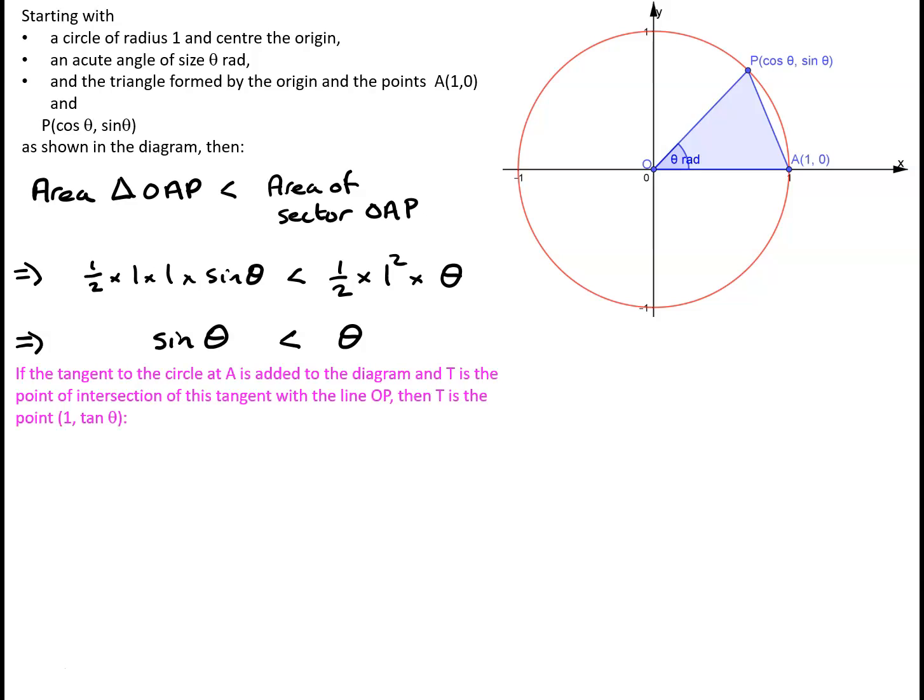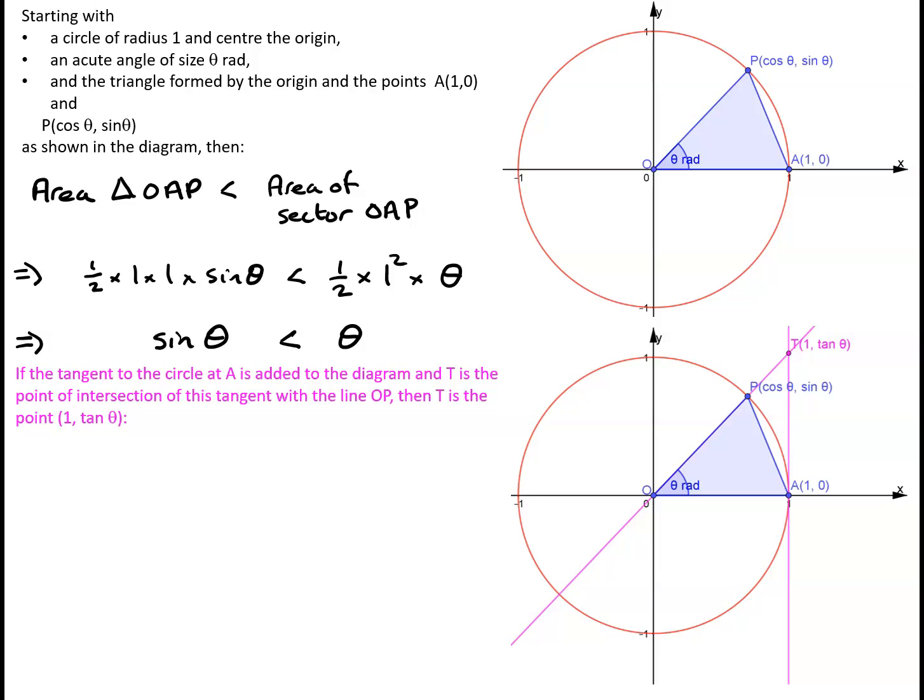If we now draw in the tangent to the circle at the point A, and T is the point of intersection of this tangent with the line OP, then the point T has coordinates 1, tan theta.